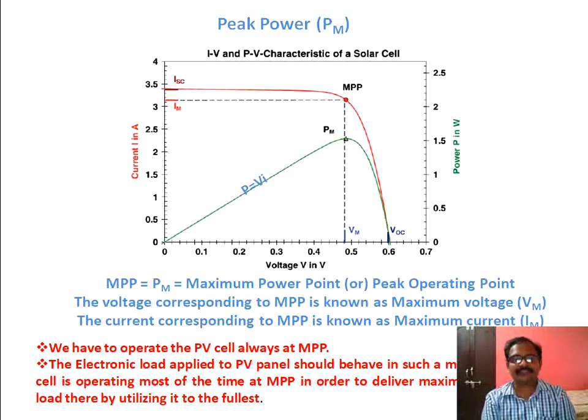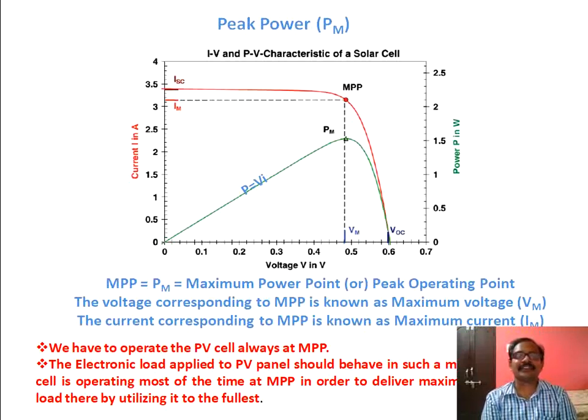In a similar way, if I extend a horizontal line from the peak point meeting the IV characteristics and then the current axis, the point where this line meets the current axis is called the maximum current. For example, the voltage at that point is 0.48, whereas the current is, say for example, 3.2.